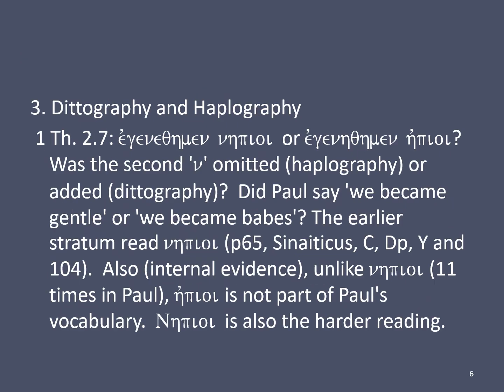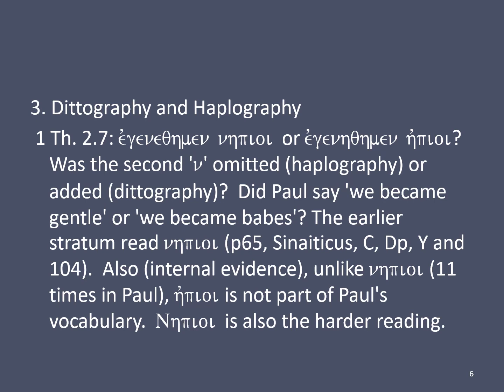Another kind of scribal error is referred to by the words dittography and haplography. And here you're being introduced to some technical terms in textual criticism. You know the word ditto, and that's what dittography is, where you repeat something. And haplography would be where you omit something. So in 1 Thessalonians 2:7, the question has to do with the first two words that you can see here on the slide.